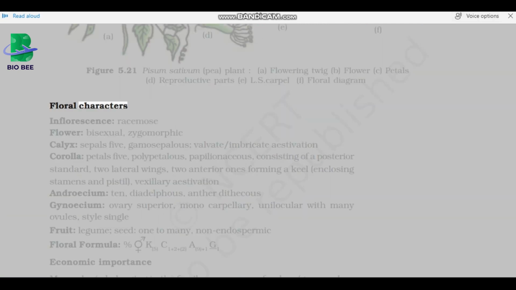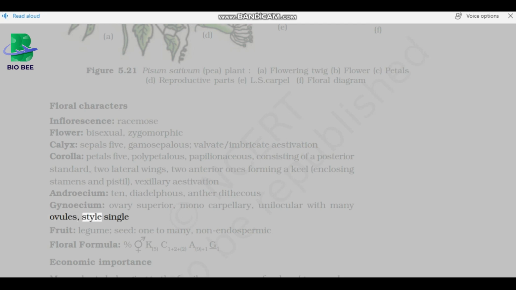Floral characters: inflorescence racemose, flower bisexual, zygomorphic, calyx sepals 5, gamosepalous, valvate or imbricate aestivation, corolla petals 5, polypetalous, papilionaceous, consisting of a posterior standard, two lateral wings, two anterior ones forming a keel, enclosing stamens and pistil, vexillary aestivation, androecium 10, diadelphous, anther dithecous, gynoecium ovary superior, monocarpellary, unilocular with many ovules, style single.